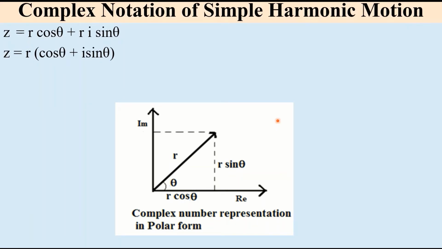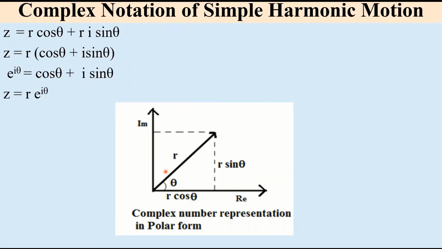But from Euler's formula, we know that e to the power i theta is equal to cos theta plus i sin theta. So using this, we can write the complex number z as z is equal to r into e to the power i theta.